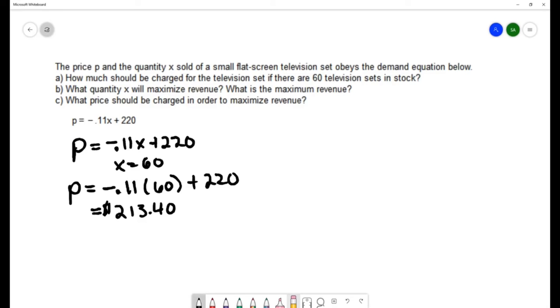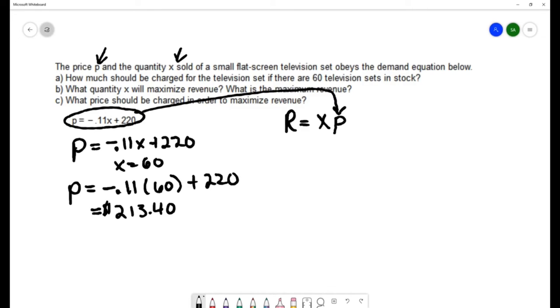There is a business formula that will give us that equation, and that formula is R for revenue equals X times P, using the X and the P that we saw earlier, the price and the quantity. So we're going to use the demand equation that was given to us and substitute that in for P, the price, and that will give us a revenue equation.